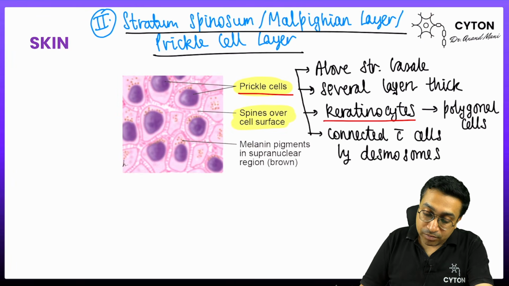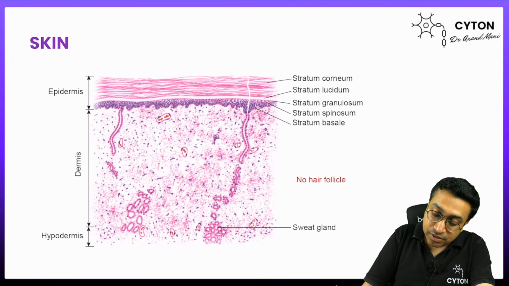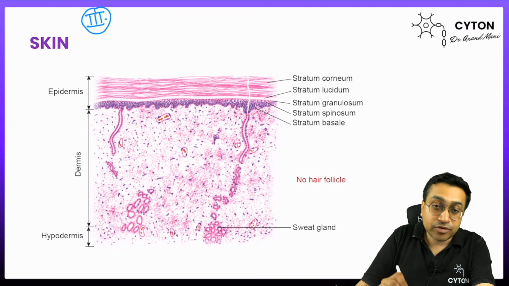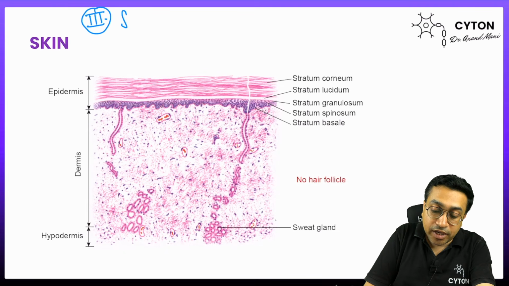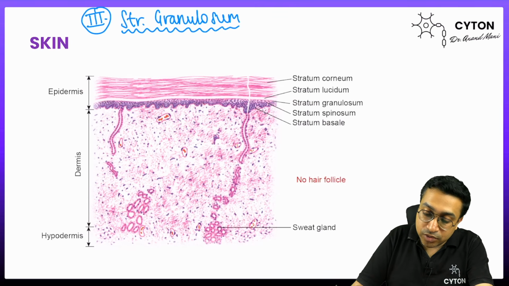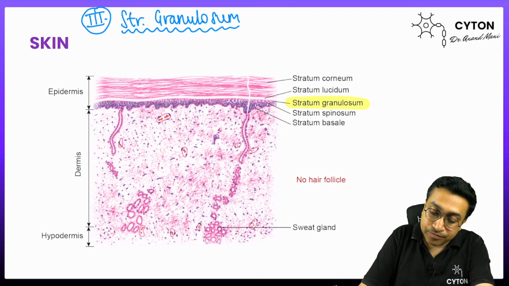Then you have layer number 3, that is stratum granulosum. Now this stratum granulosum, as you can see, let me highlight here, this one is the granulosum which is shown here.